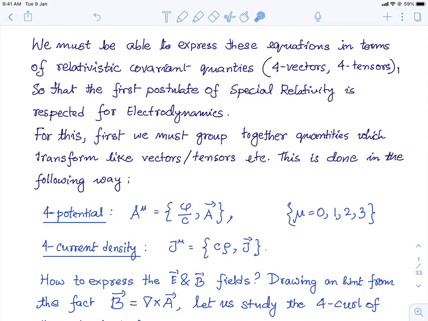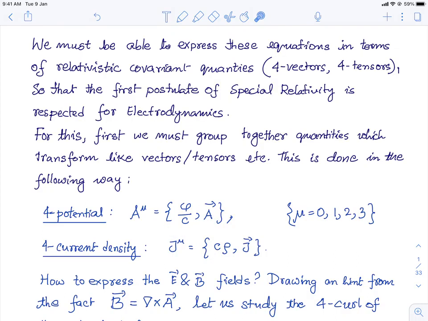Much of this discussion is convenient to do if we work in natural units where c is equal to 1, but I will try to keep track of the c as much as possible. I'm trying to say everything in SI units, so I will discuss relativistic electrodynamics also in SI units, and the c here compensates for the difference in dimension.